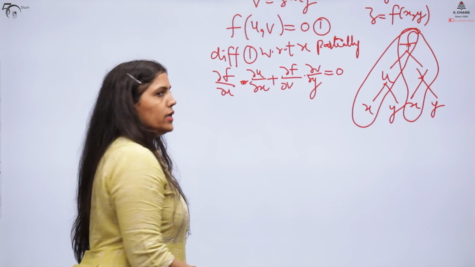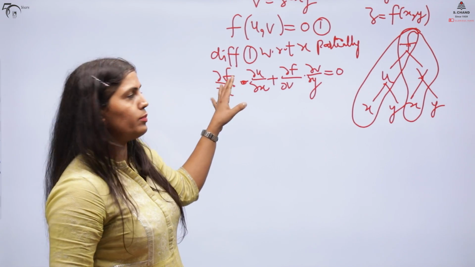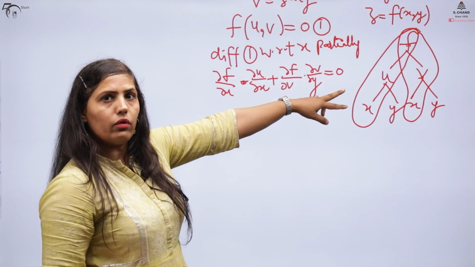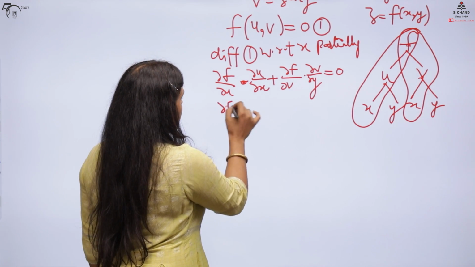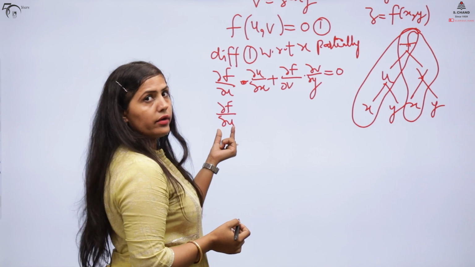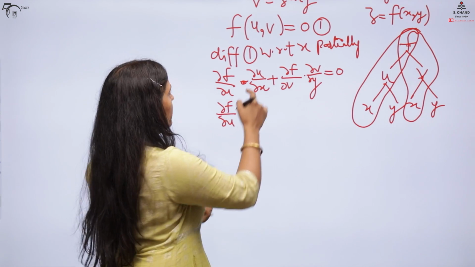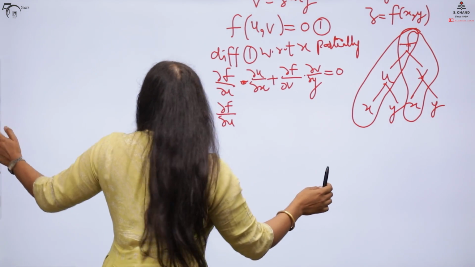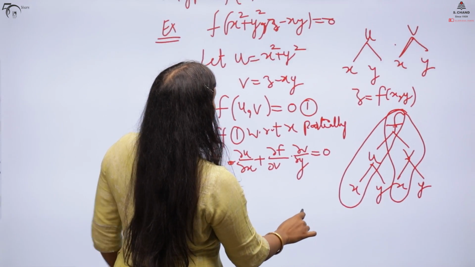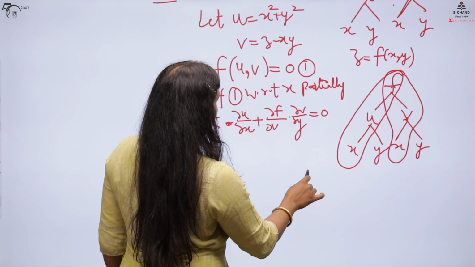This is how you take the derivative in this case. This is important: you got to know how we form the chain and then how we write the derivative. You cannot define del f by del u directly, but you see what your u was. Clearly see, your u was x square plus y square.